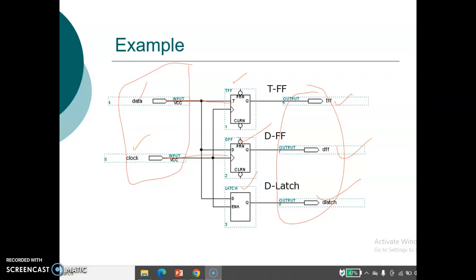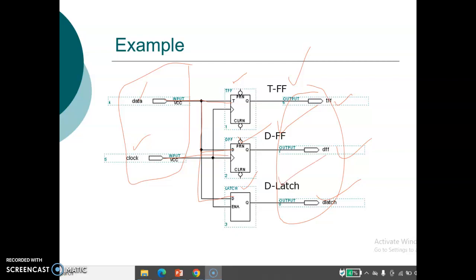Actually this input is connected in parallel. Here D flip-flop, then another latch, D latch. Sorry, all are latch only. And then T flip-flop. This one D flip-flop, this one D latch.